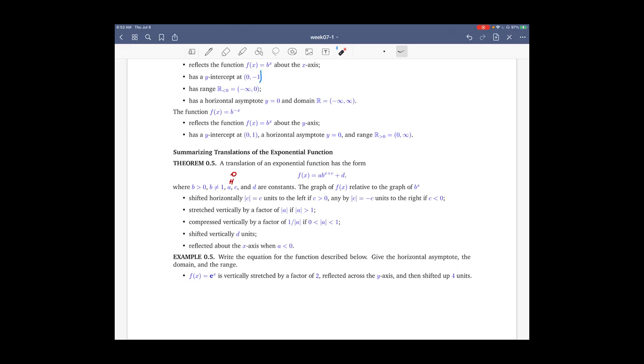We perform a horizontal shift by absolute value of c units. If c is positive, absolute value of c is simply c, and we shift to the left. And if c is negative, absolute value of c is -c. So -c will be positive then. And we shift to the right by this many units.